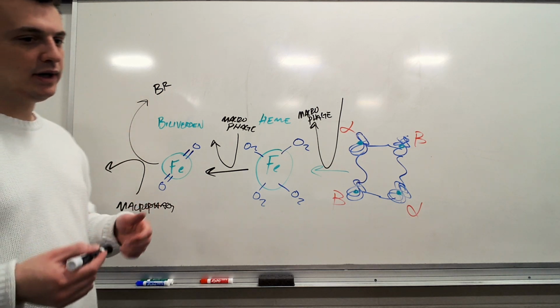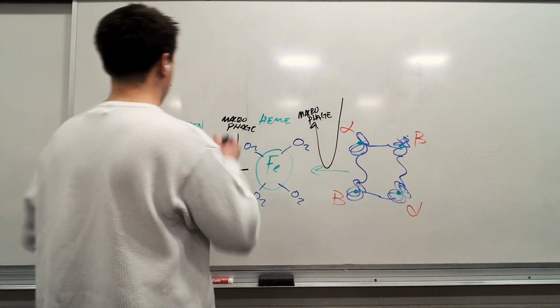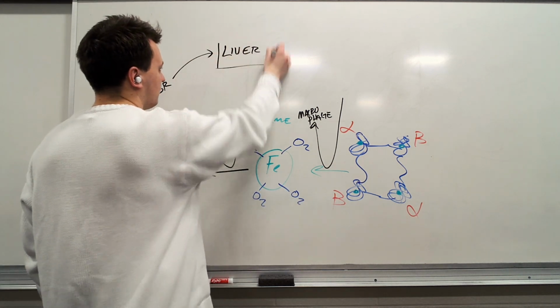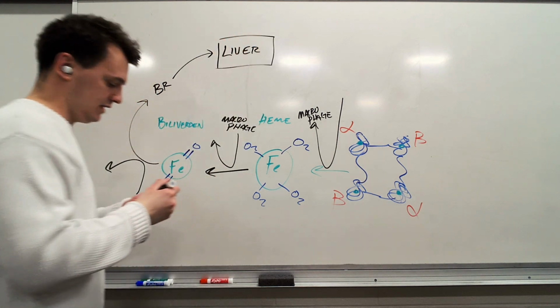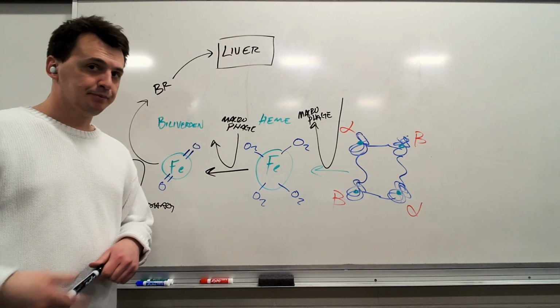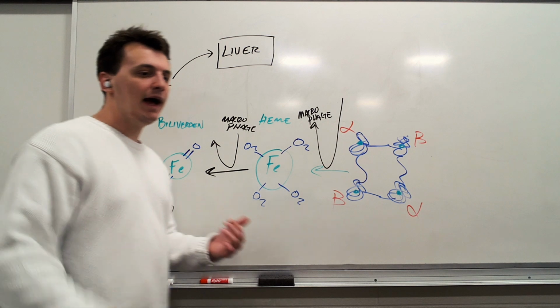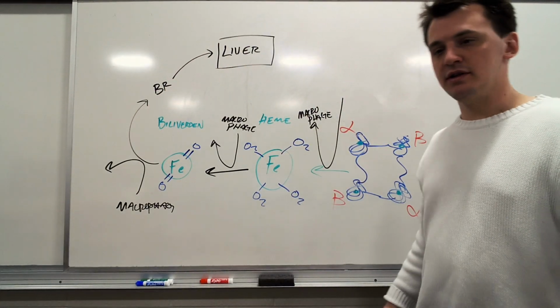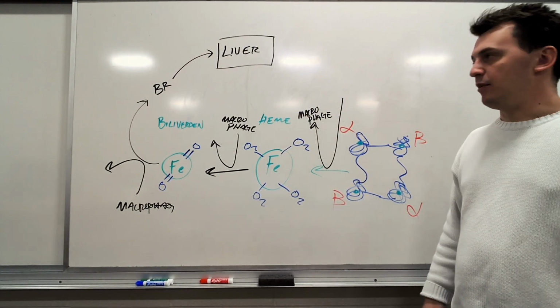Bilirubin. Now, bilirubin will actually go into the liver. And because I'm not that good at artistic ability, I'm just going to draw the liver as a square. Now, as bilirubin goes into the liver, several things can happen to it.